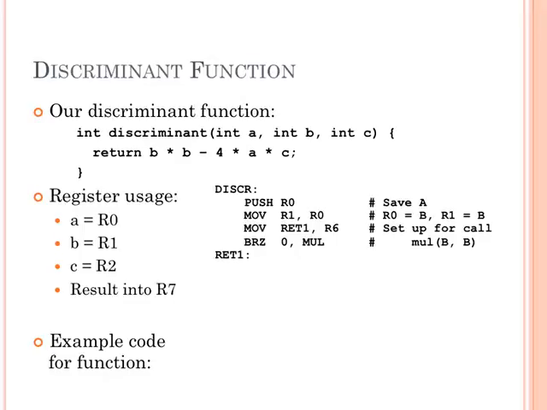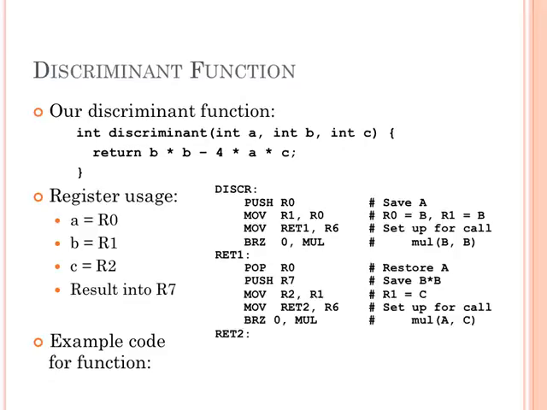I save A, because I need to set R0 so that I can call multiply. I set R0 and R1 both to B. And I tell the multiply function, come back to ret1, that address. And then I invoke multiply. And when it comes back, R7 is going to have the answer.